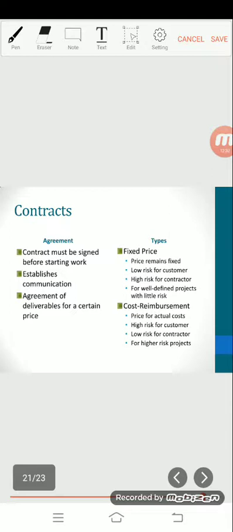This type of contract is high risk for the contractor because if the cost of completing the project is higher than originally planned, the contractor will make a lower profit than anticipated or may even lose money. Fixed price contracts are most appropriate for projects that are well defined and entail little risk.